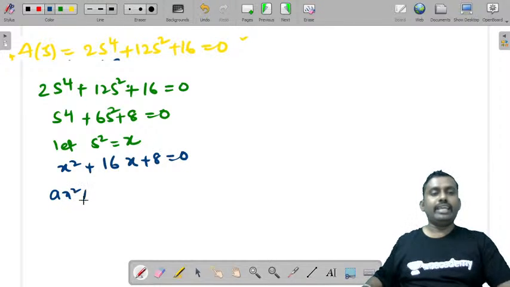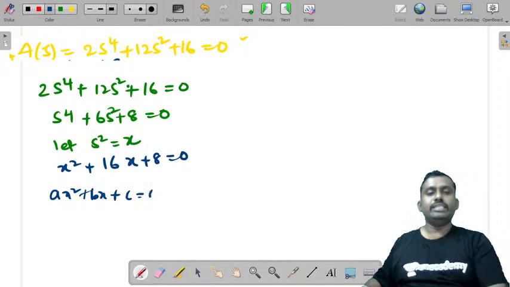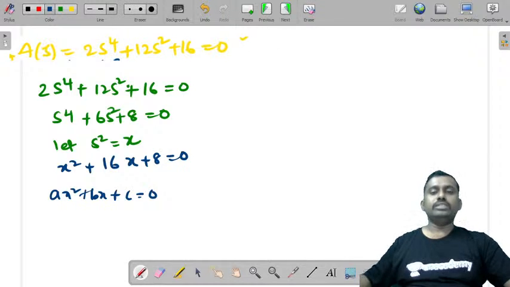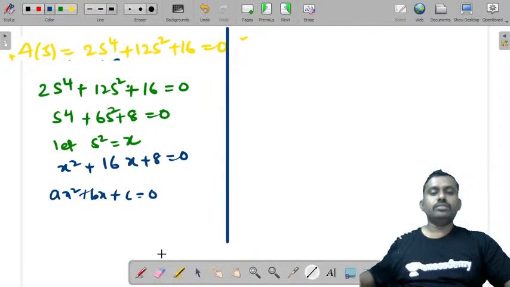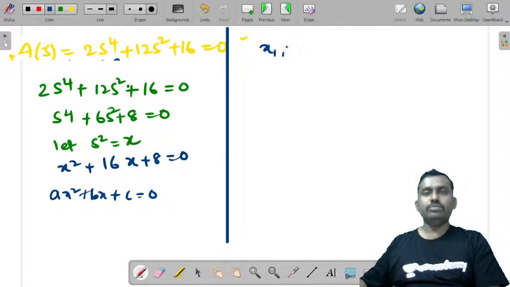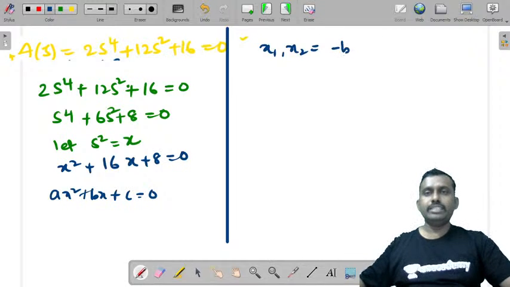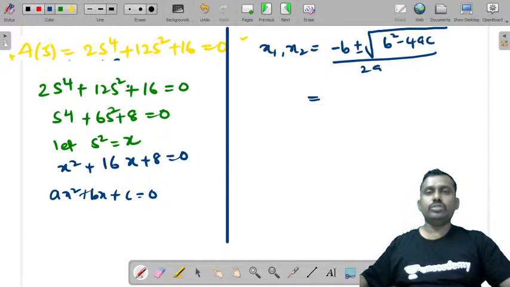This is in the form of ax square plus bx plus c is equal to 0, where the roots that you generally write are x1 comma x2 is equal to minus b plus or minus under root of b square minus 4ac by 2a. So this is x1 actually. If you write x1, this is s1.